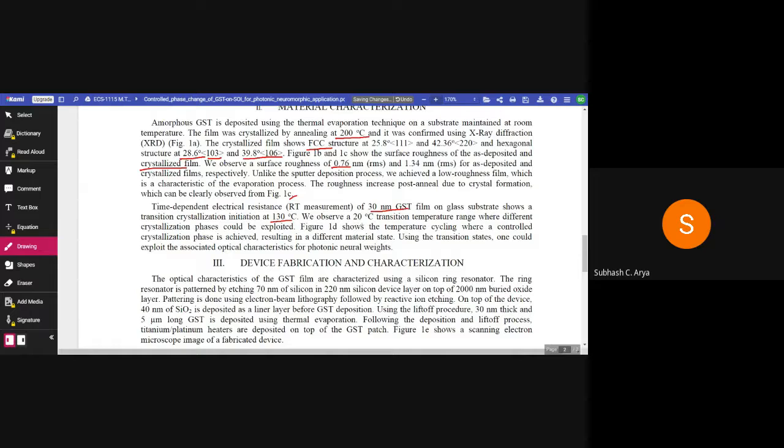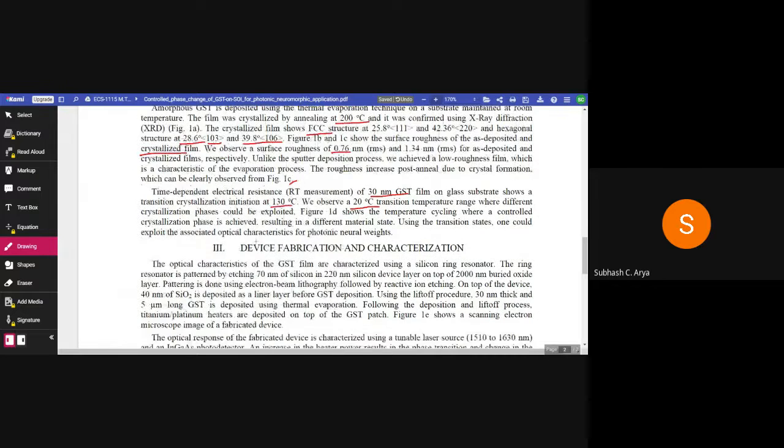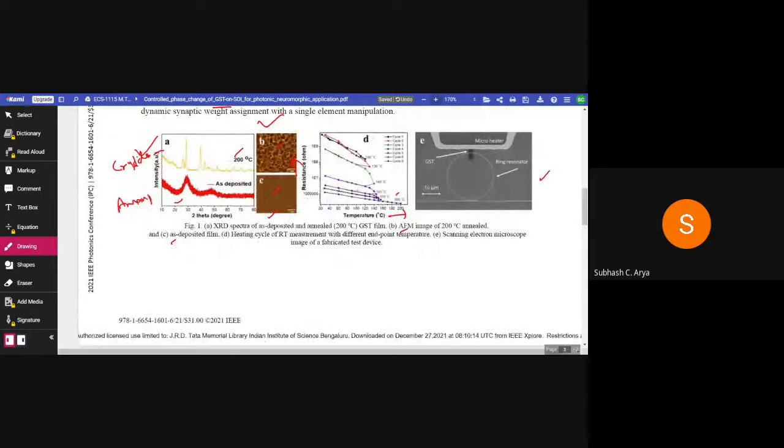We observe a 20 degree centigrade transition temperature range where different crystallization phases could be exploited. So at 130 degrees, which is here.